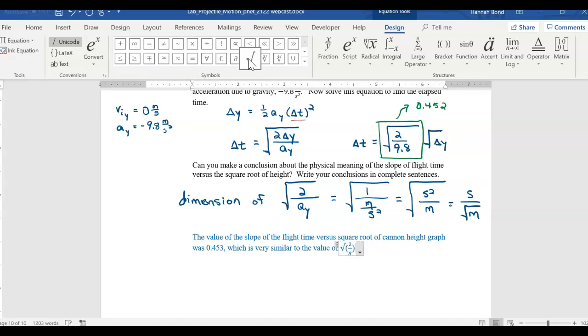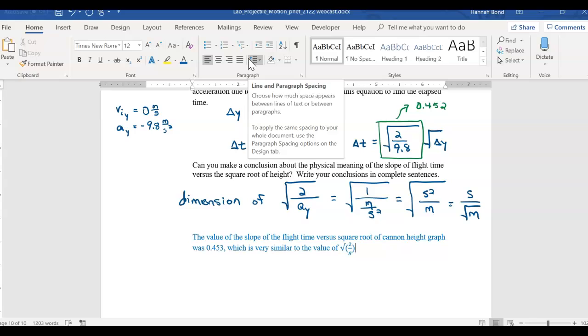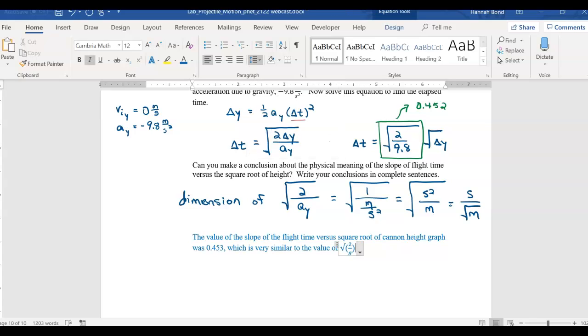Remember, lowercase g is the acceleration due to gravity, which gives a value of 0.452. So I can see that the two values are very similar, 0.453 and 0.452.